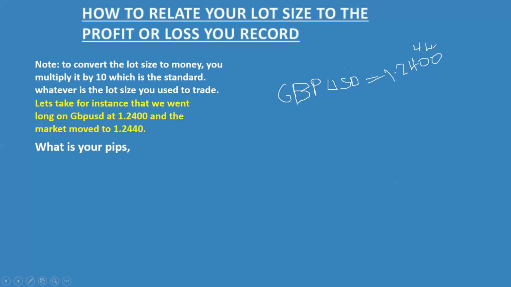The first value didn't change. It's this 440 that we're going to use. So it's just simple: 4 minus 0 is 4, and 0 minus 0 is 0. So we have 40 pips here.